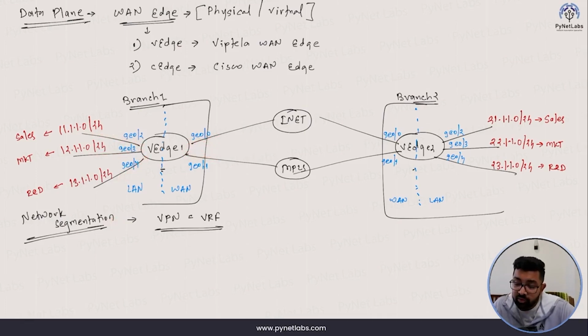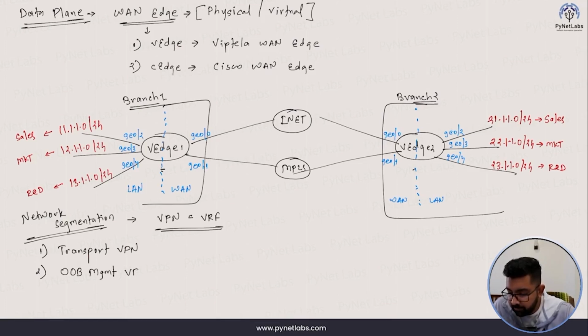So there are three types of VPNs, or you can say there are three types of VRFs that we have here. Number one, we have transport VPN or VRF, whatever you say. Second one, we have out of band management VPN. And third one, we have service VPNs.